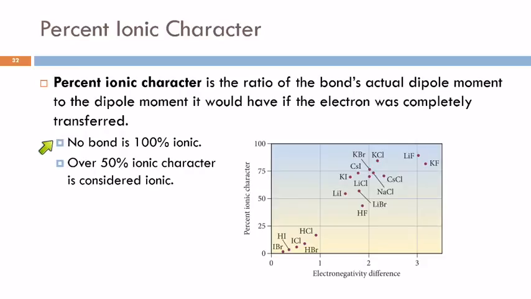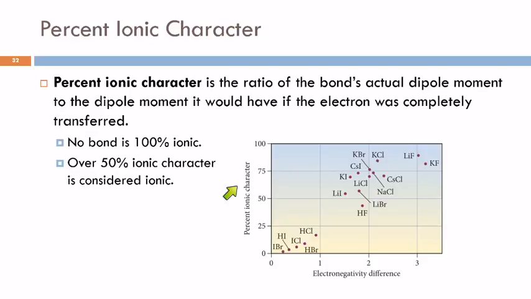It's important to realize that no bond is 100% ionic. It's more convenient for us to think in absolutes: this electron was completely transferred from sodium to chlorine. But in actuality, there's a little bit of sharing even in ionic bonds. So if we have over 50% ionic character, then we consider the bond to be ionic.